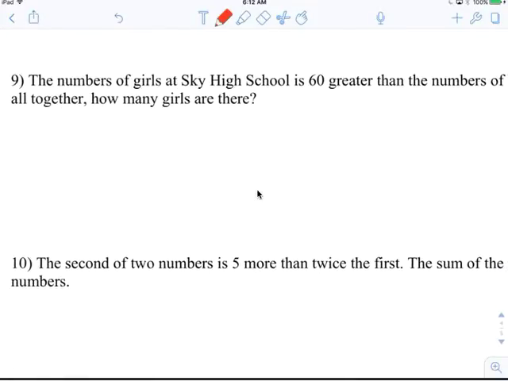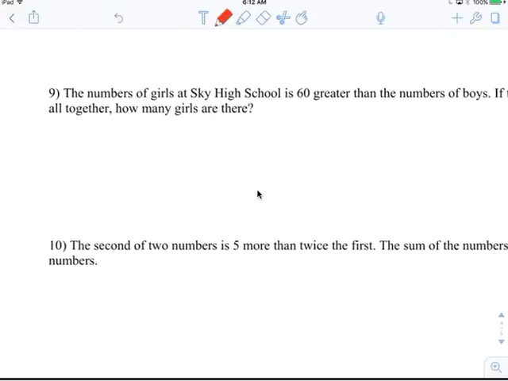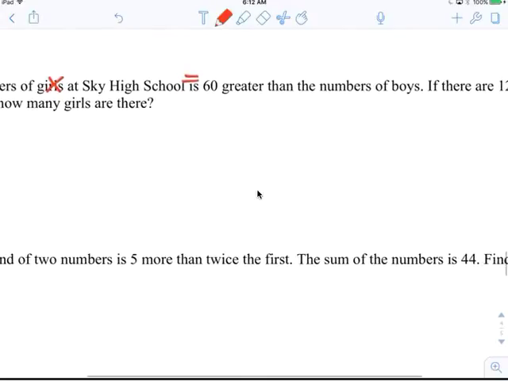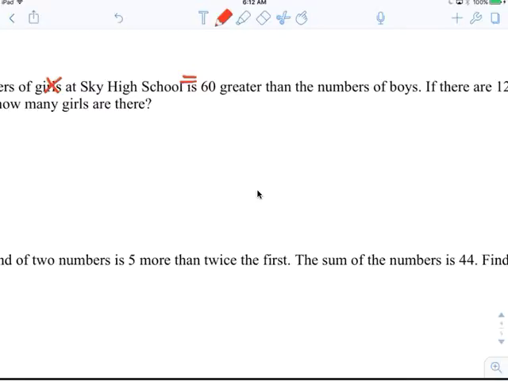The number of girls in Sky High School is 60 greater than the number of boys. So the number of girls, X, is equal to, X is 60 greater than the boys.